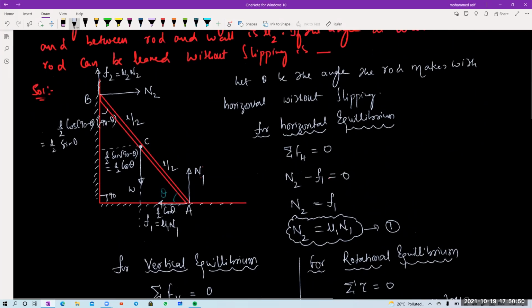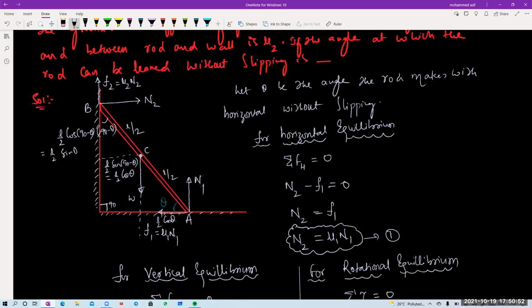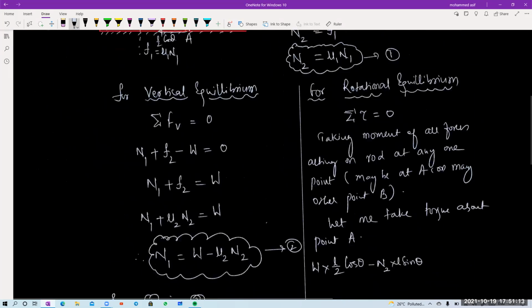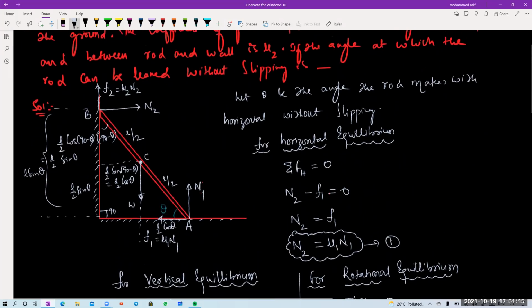If this is L by 2 sine theta up to this rod, this one is also L by 2 sine theta. So L by 2 plus L by 2, from here to here, equals L into sine theta. So N2 into L into sine theta. In the same way, the friction mu2 N2, force into perpendicular distance.